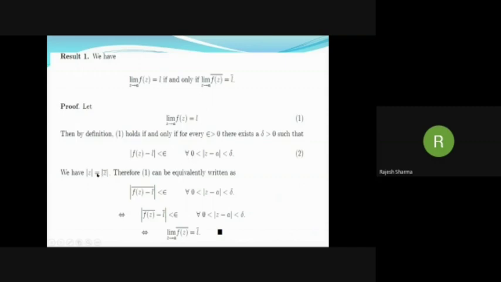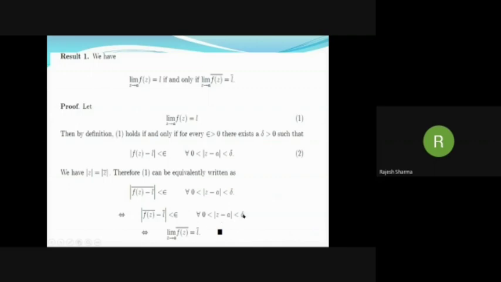Now, note that the modulus of a complex number and its conjugate are the same. So this expression, mod f(z) minus L strictly less than epsilon, can be written as the modulus of the conjugate of f(z) minus L strictly less than epsilon, and this is equal to the modulus of conjugate of f(z) minus conjugate of L less than epsilon.